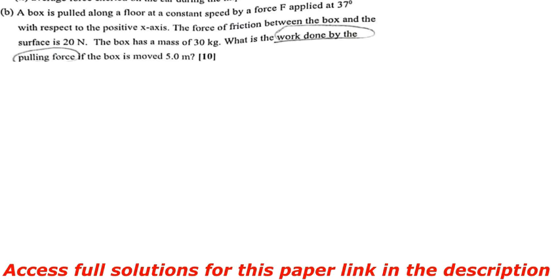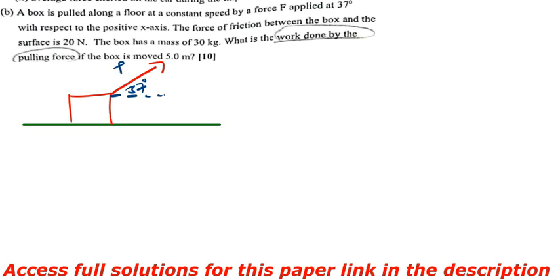Let's come up with a free body diagram. It is 10 marks, and remember, for us to get these 10 marks, we need first to analyze the question and come up with a free body diagram. We have the box, which is being pulled at an angle of 37 degrees by the force F. The friction force is there, which is 20 newtons, opposing the motion.